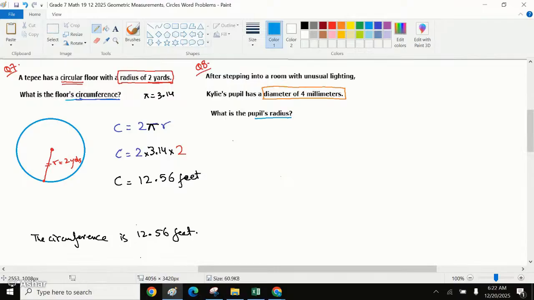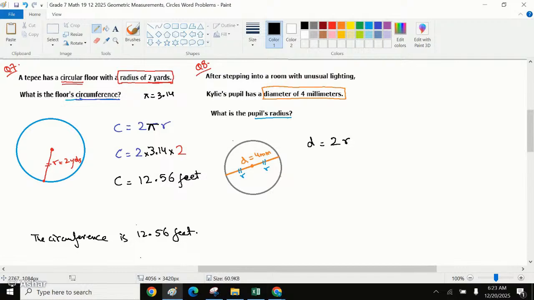The shape of the pupil is a circle, right? The diameter given to us is 4 millimeters. We need to find the radius. We know that diameter is twice the radius. Diameter is double the size of the radius.